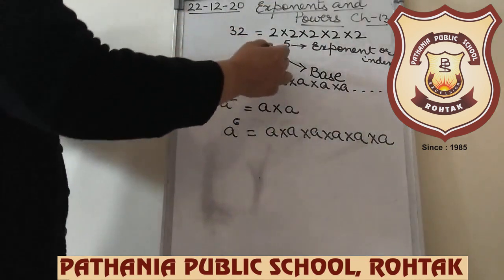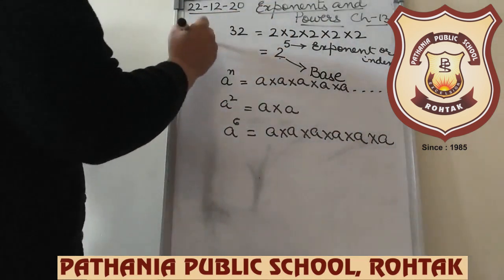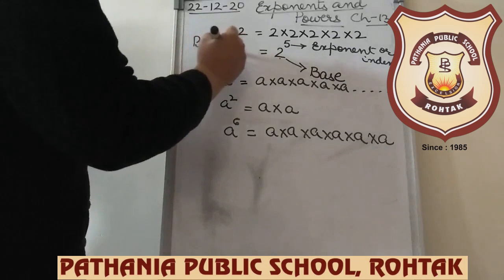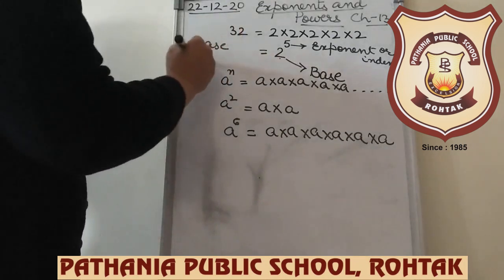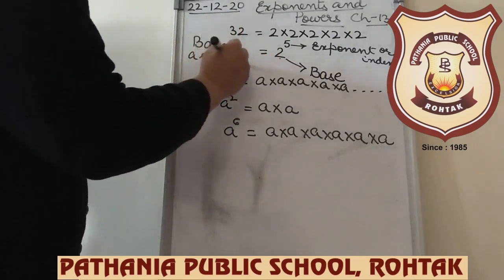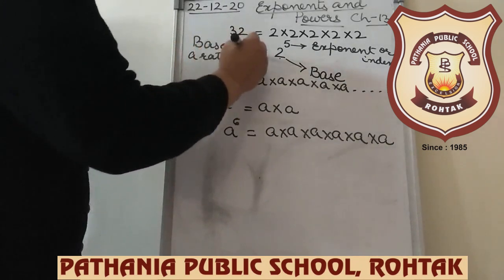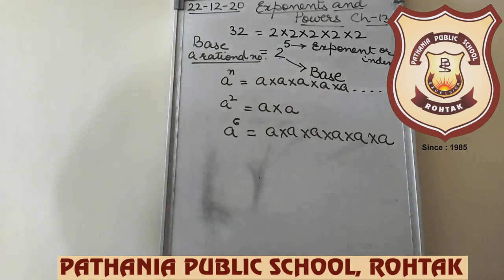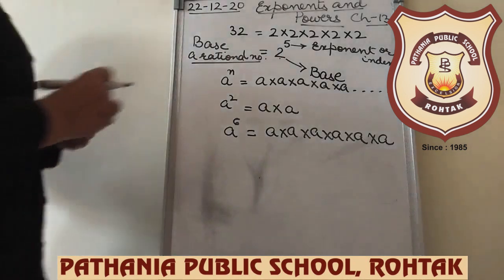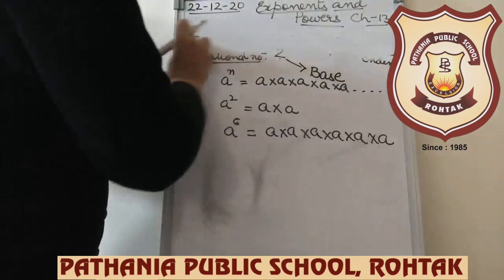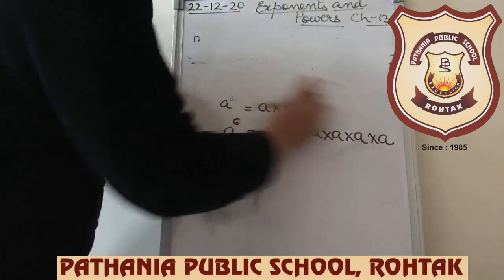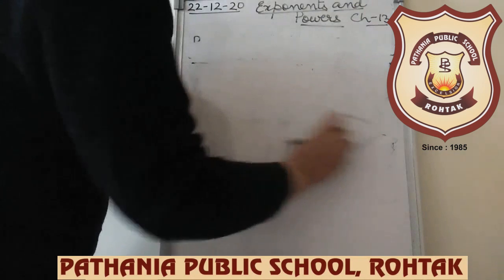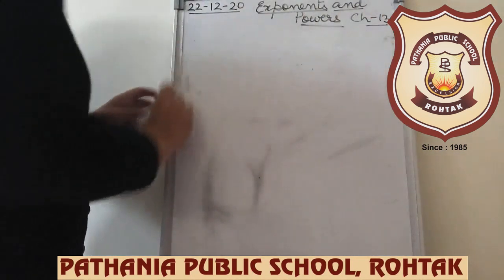Now this base, as I told you, is a rational number. So it can be positive, it can be negative. Is that clear? As base is a rational number, it can be positive or it can be negative.